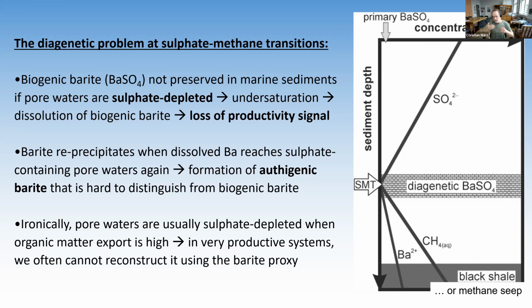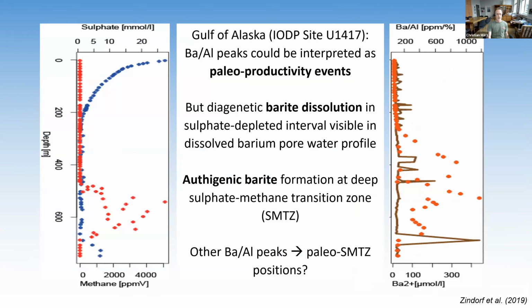And one of the main problems is, ironically, in fact, pore waters are usually sulfate depleted when organic matter export, so productivity, organic matter arriving at the seafloor, is very high, which means in very productive systems where we are quite interested to understand how much was actually coming in, we often cannot reconstruct it using the barite proxy. So for example, here in this case, dealing with Cretaceous black shales, but it also happens at methane seeps, for example, where you also have very steep biogeochemical gradients.